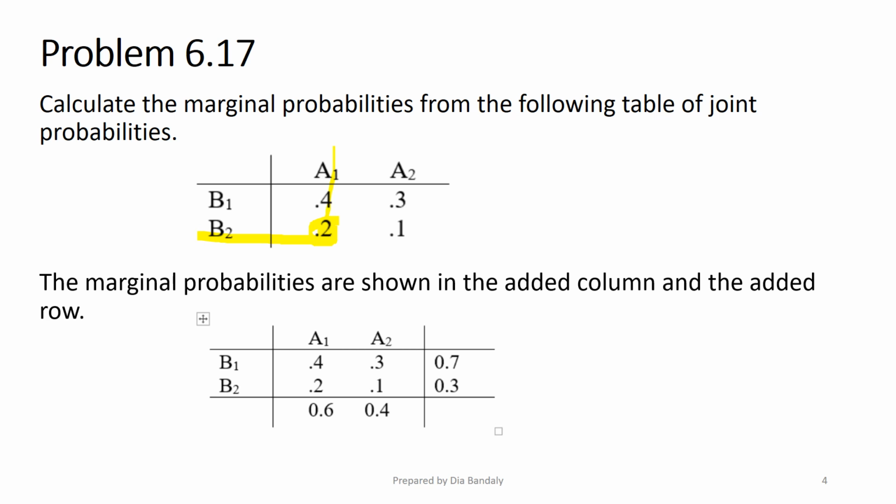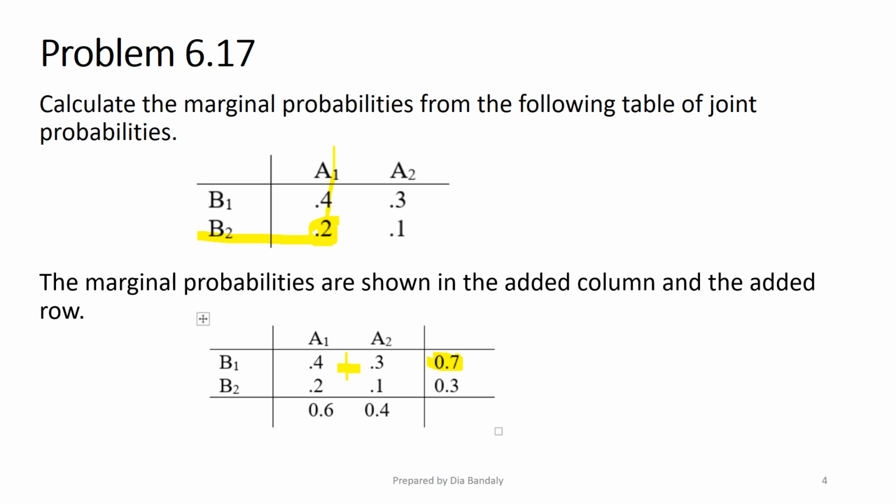Again, let's remember how do we read the marginal probability. So what's that 0.7? You see that this comes from 0.4 plus 0.3, and this is the probability of B1, regardless of what's happening with B1, whether it's A1 or A2. When we talk about the marginal probability, that's it. These are all the occurrences with B1.